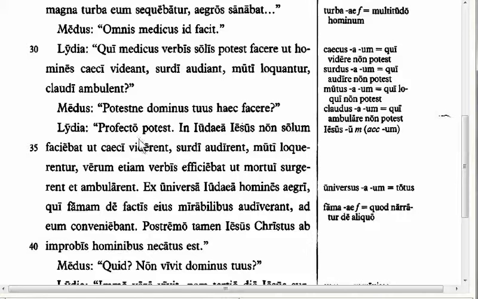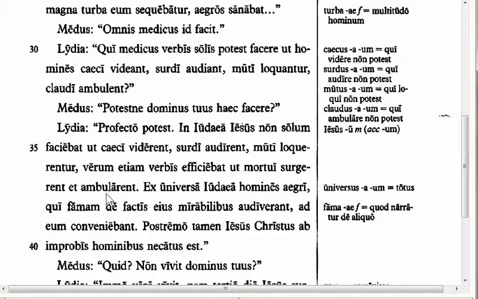So Lydia says, of course he's able. In Judea, Jesus not only was effecting or bringing it about that the blind could see, that the deaf could hear, and that the mutes could speak, but also he was bringing about with his words that the dead rise and walk.